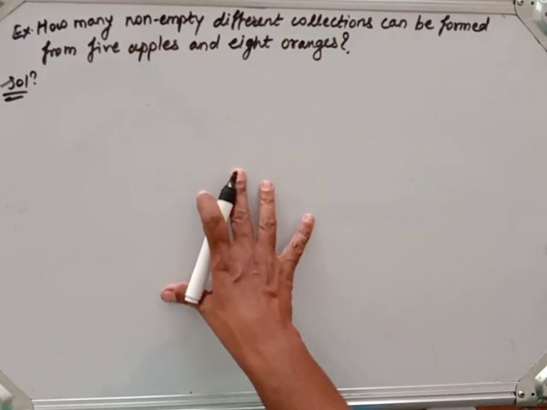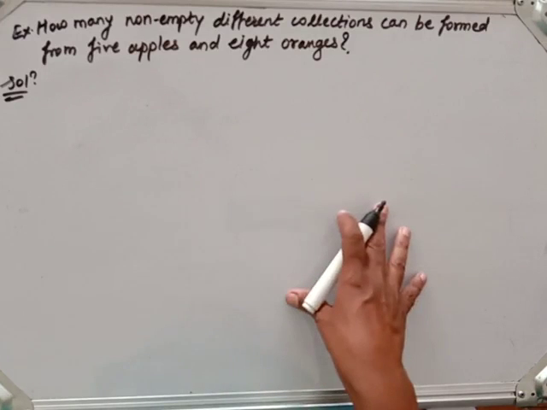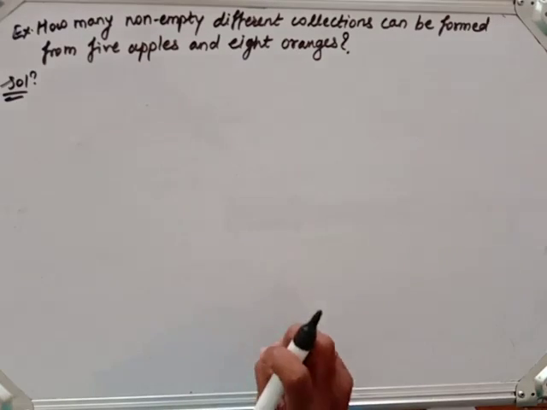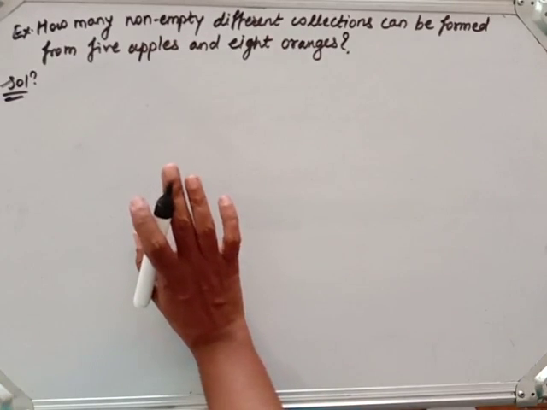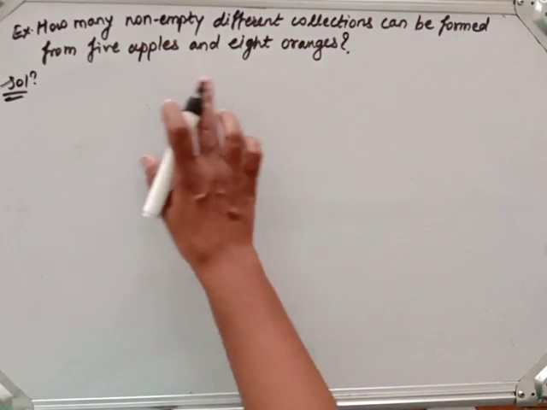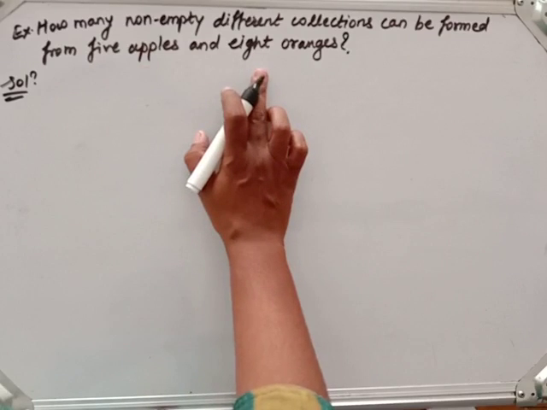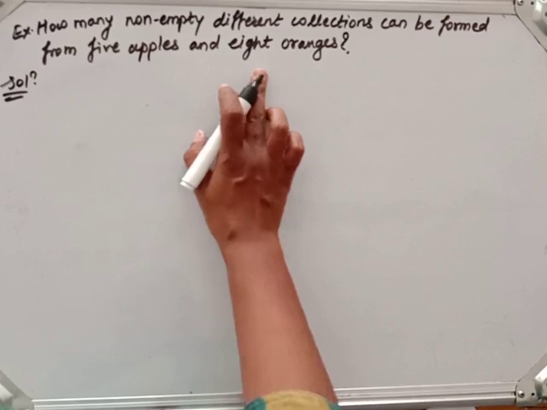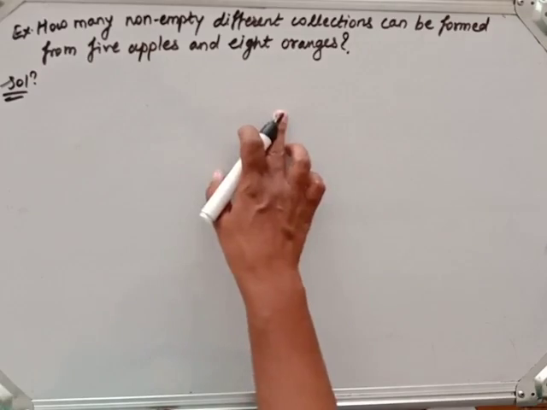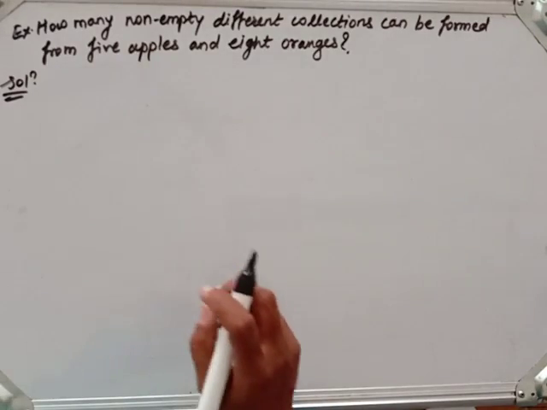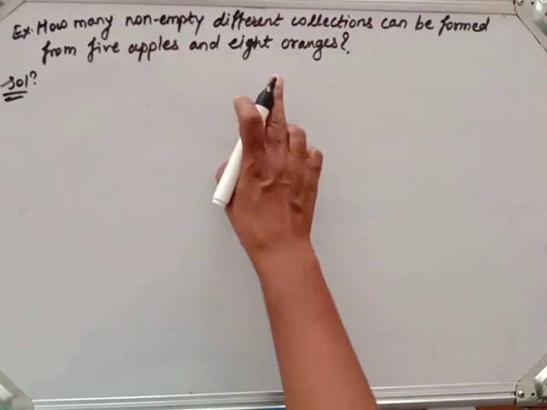It is just like the example I took earlier, where 2 boxes are given to us and we have to draw an object from them. Same kind of example is this. So here, 5 apples and 8 oranges; we should number them first. Suppose for the apples we use the letter X, and the oranges are numbered using the letter Y. Now X varies from 0 to 5, and it is possible that we draw no apple, which is also one collection.